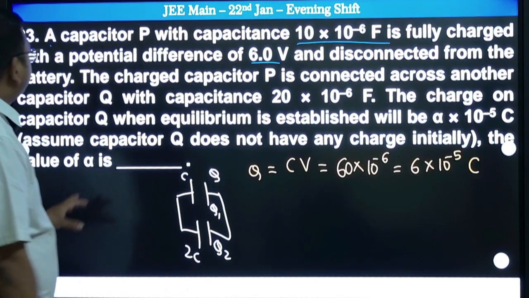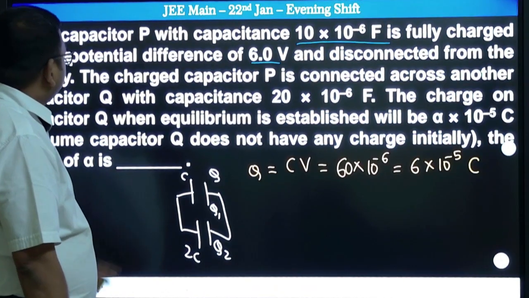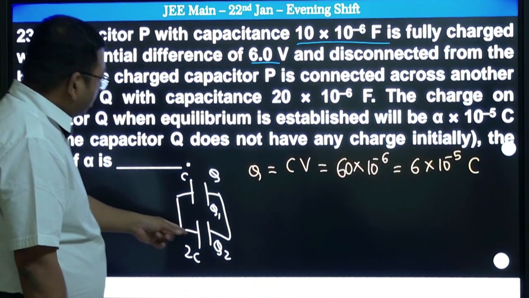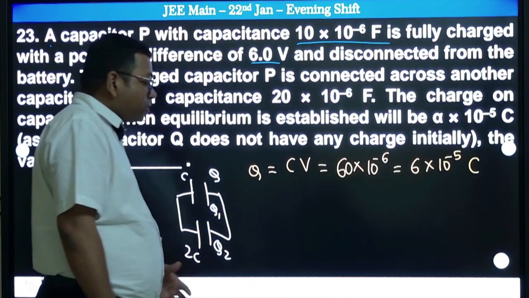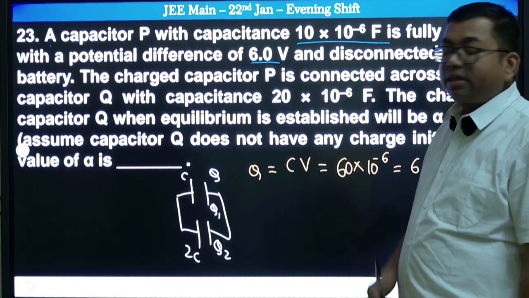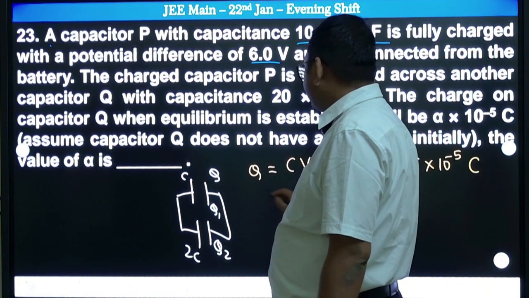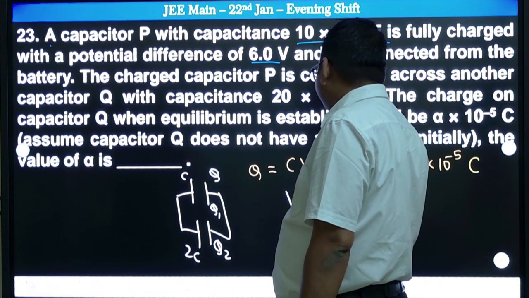The charge on capacitor Q, the second one here, when equilibrium is established, what will be the charge in equilibrium? You know that the voltage will be the same, so V is going to be constant now.